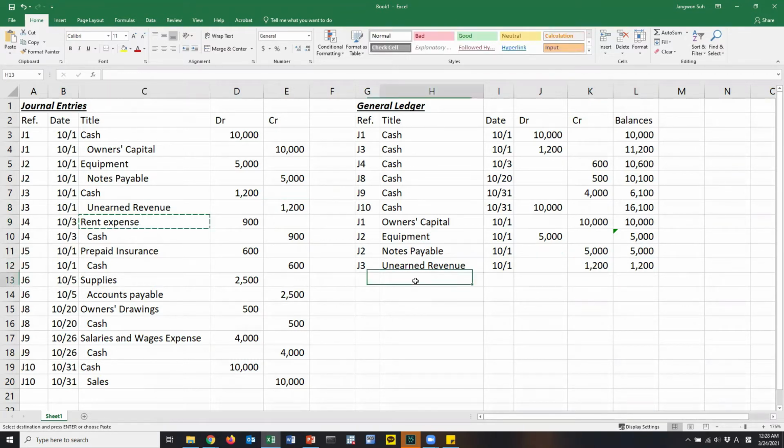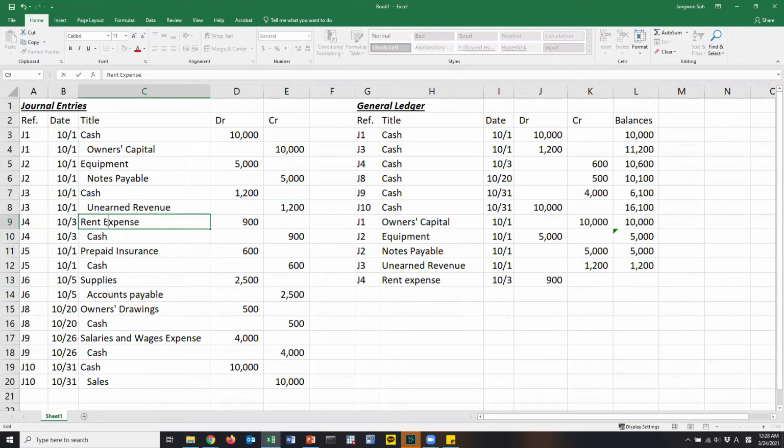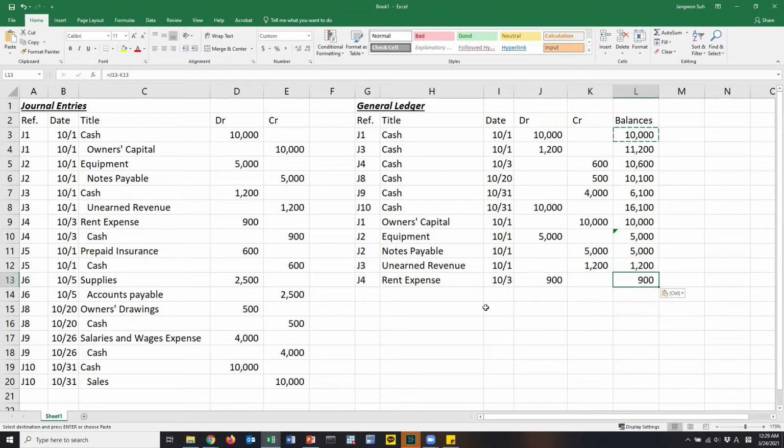Rent expense, okay, J4, date, and it's on the debit side. Expenses have debit side as its normal balance, which is the same as cash. So I will copy and paste the cash's formula.